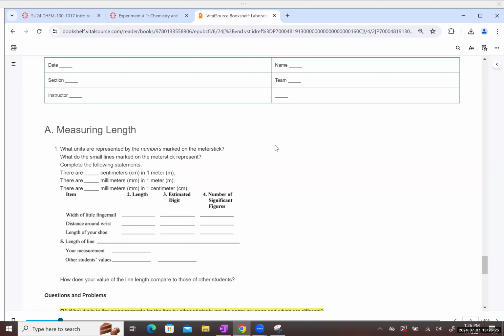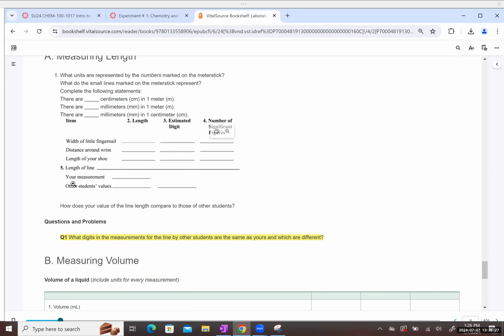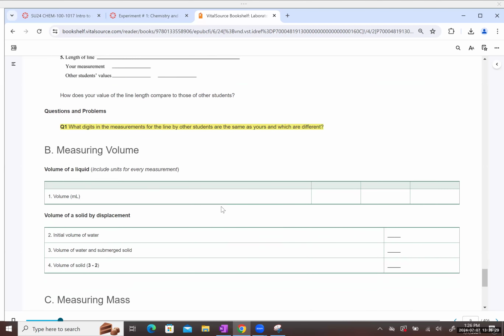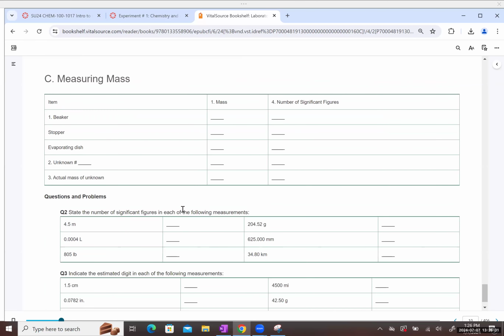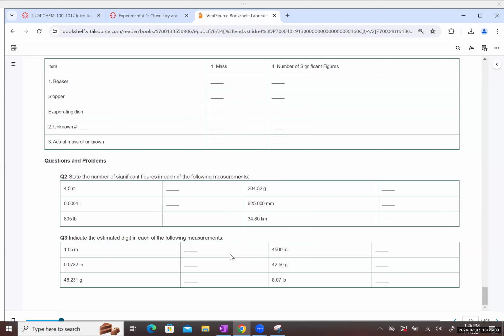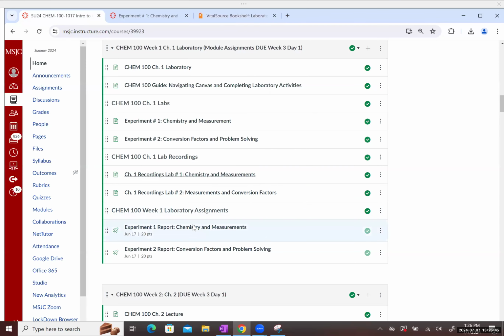So there are various parts: A, followed by a question, B, part C, and then there are some questions. So you're going to be turning all of these completed parts in as a Word, PDF, or photo document to the course Canvas page. And you're going to be submitting that into the Experiment 1 report submission page.